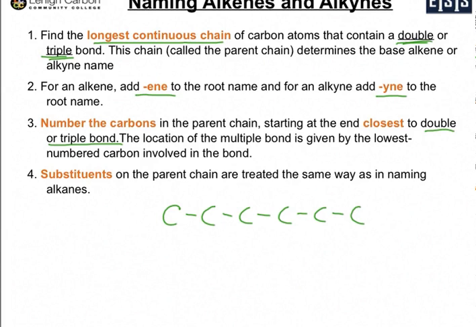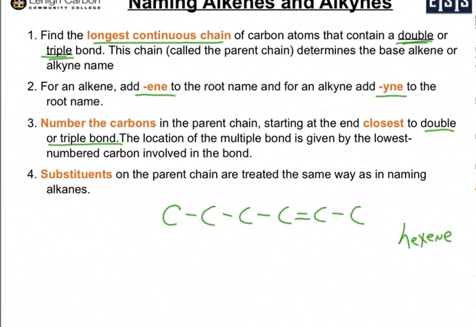So if I have a hexane-type, 6-carbon base, only we have a double bond, so we have hexene. We need to number the carbons so that we can show where the double bond occurs.